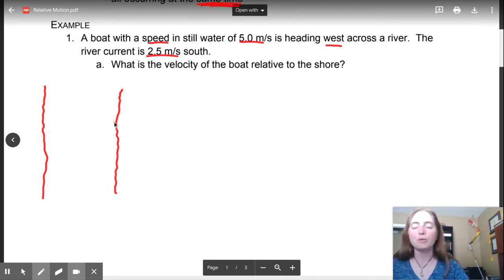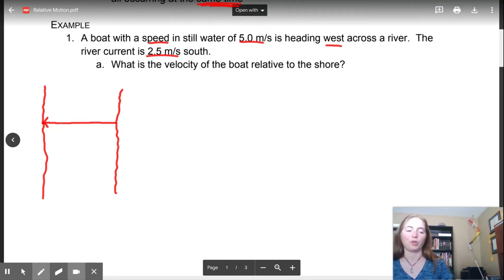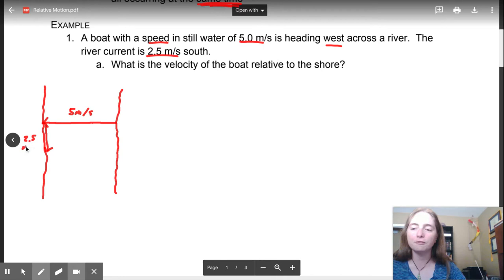So, the boat that we're dealing with, if the water was still, it would go across like this. Okay? All right. However, the current of this river is going south at 2.5 meters per second.